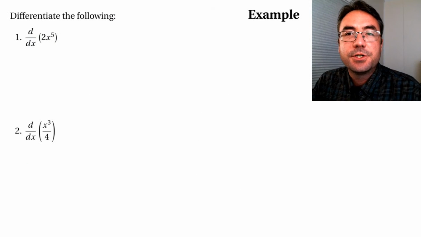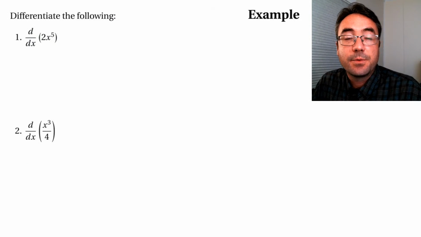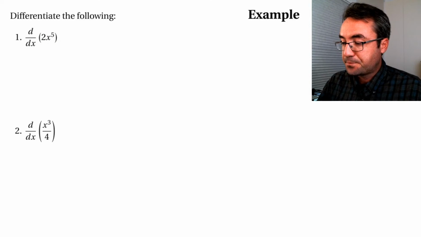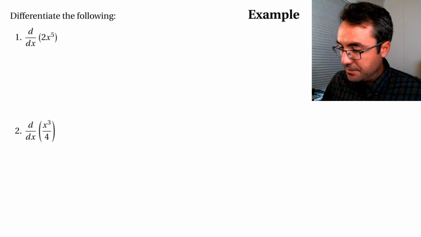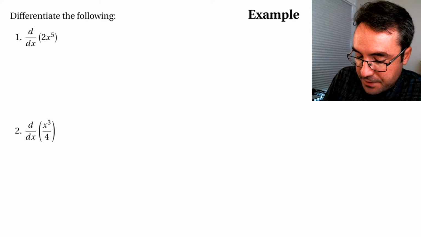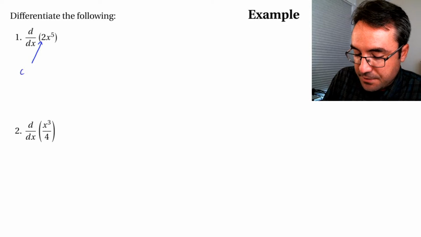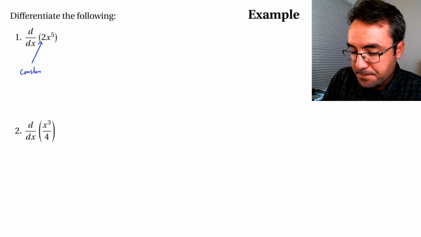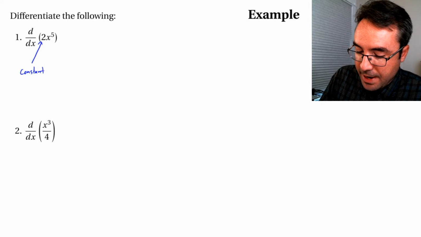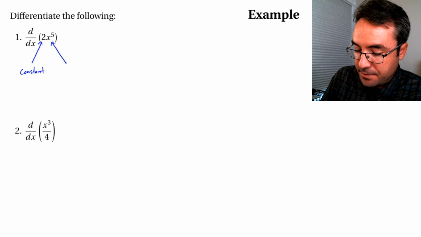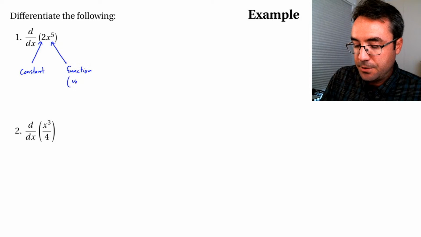So let's look at the function 2x to the power 5, and we're going to differentiate this. Just to diagram it again, we have this constant 2 in front of our variable term, x to the power 5. This is our variable term, so this is where the x's are.